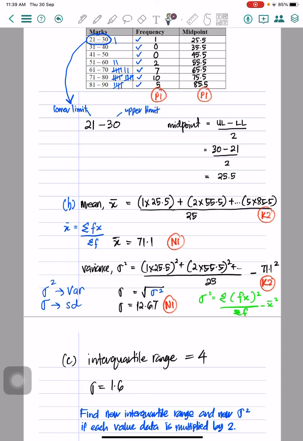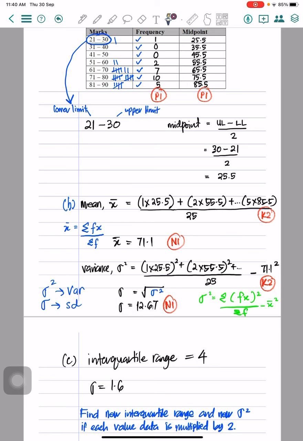So I already got 1 times 25.5 earlier, but I have to square it, for each of the class intervals. Then divide by 25, minus the mean squared, so 71.1 squared. So you get your answer 12.67 for your standard deviation.